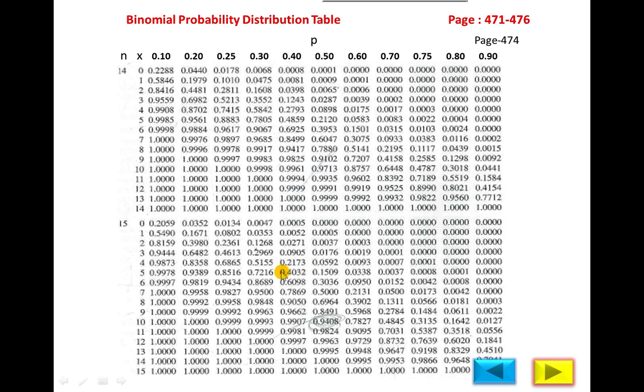Because this is the probability of 0 to 5, this is the probability of 0 to 4. If you subtract the value of 0 to 4 from 0 to 5, you will obtain the probability of 5. Okay, now we will solve the question again using the binomial probability distribution table.